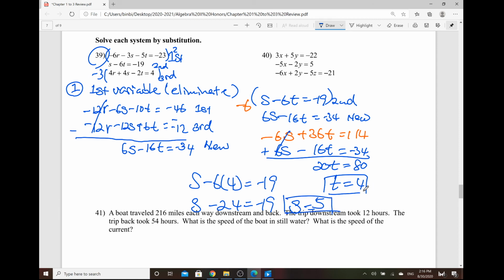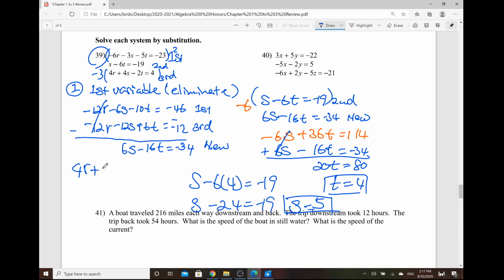So we got t equals 4, s equals 5. Now we can solve for r. So in order to solve for r, we just put it back into either the first or the third equation. It looks like the third equation is a little bit easier. So let's put it back into the third equation. So we got 4r plus 4 times s.